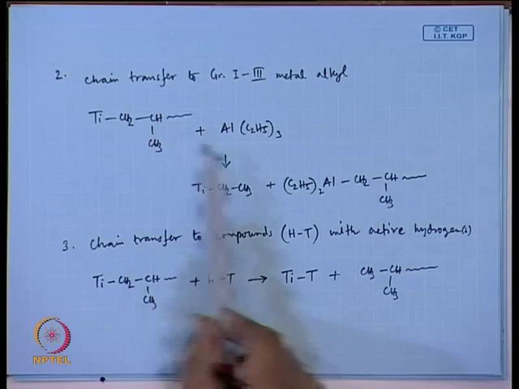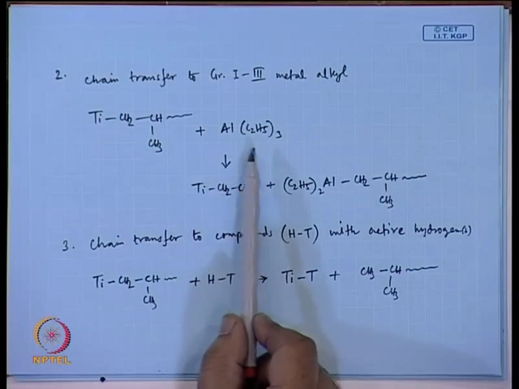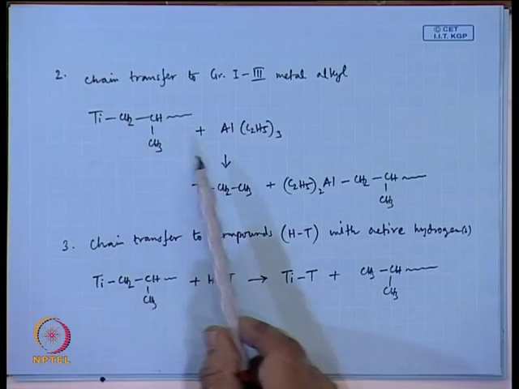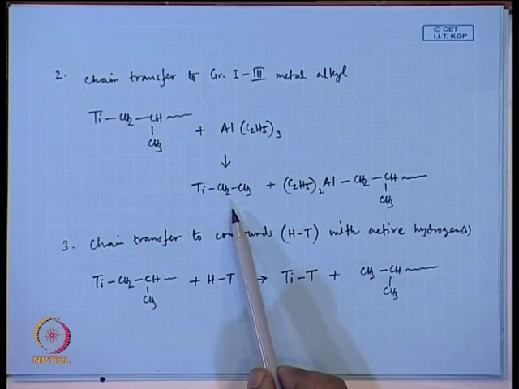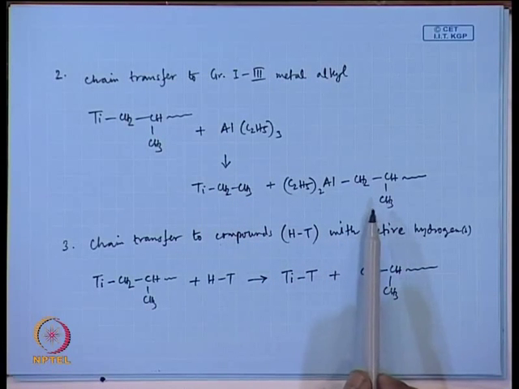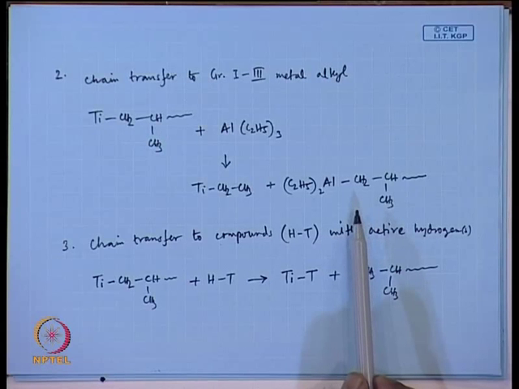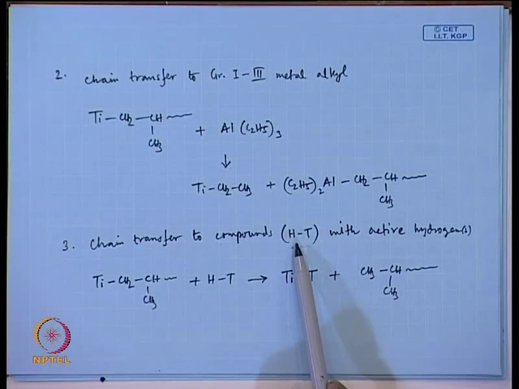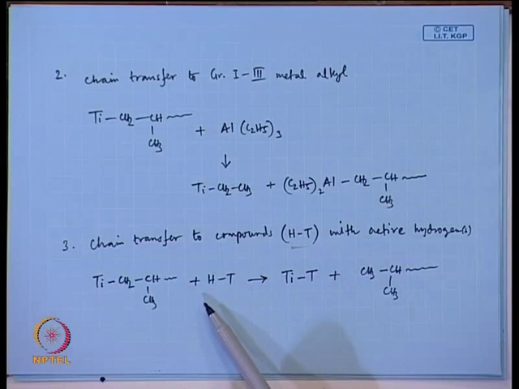Basically, take this example, propylene with a titanium catalyst. Now, this can get transferred and the chain gets terminated. The chain can also transfer to added compounds which have active hydrogens. We can write the generic structure HT, where you have an active hydrogen. Then chain transfer can happen to this and the chain gets terminated.